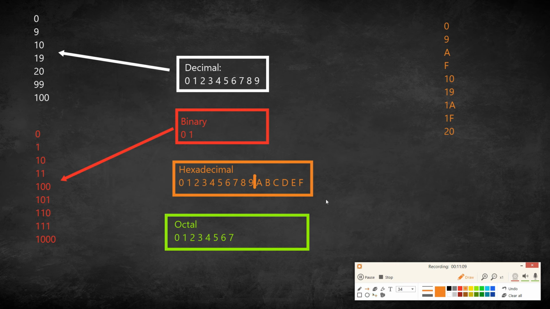Let me point an arrow over here. What I think about hexadecimal is that people say decimal was invented because humans have 10 fingers. That's how they started counting.